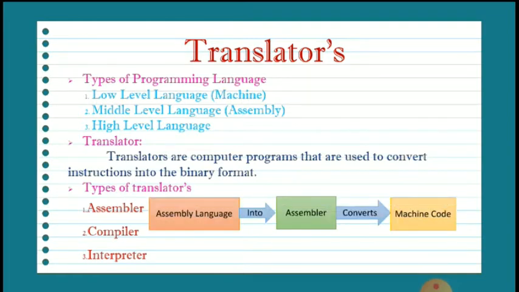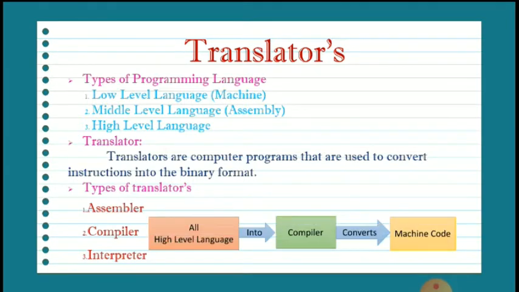Assembler is used to convert middle level language, that is assembly language, into low level language, also called as machine code. To convert high level language into low level language, compiler is used. Here, compiler converts all the instructions written in high level language into low level language.